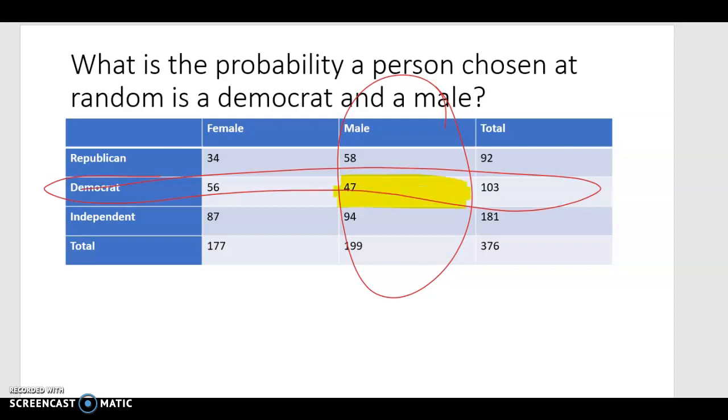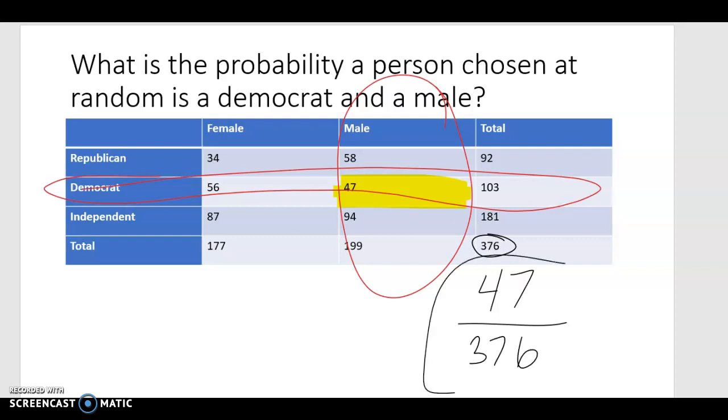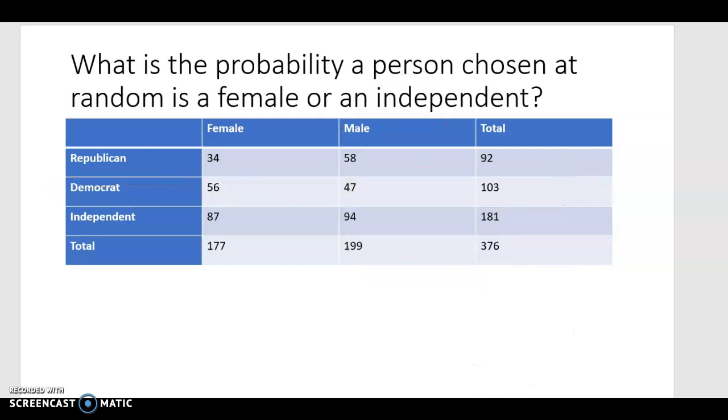In this case, there are 47 people that are Democrats and males out of the total 376. And that would be my probability. So when you think of the word AND with compound probabilities, we are talking about the overlap, or the intersection, of things happening.